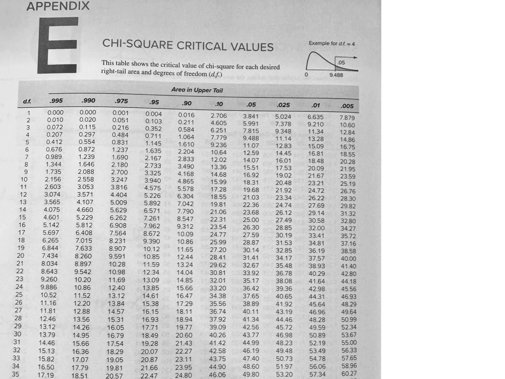Okay, so we're looking up the degrees of freedom, which are 3. So we read down this column on the left for degrees of freedom: 1, 2, 3. And then we have our alpha. 95% confidence means alpha equals 0.05.